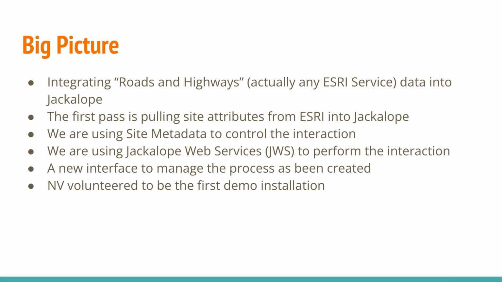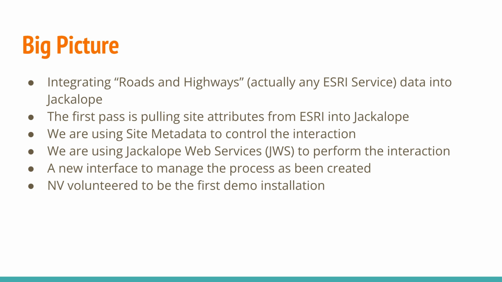You might want to edit most of your site attributes in Jackalope, but there might be some that you would rather get updated from roads and highways, which makes a lot of sense. Those attributes are then locked out on the Jackalope side. They're read from roads and highways, and you have an interface that allows you to manage the process and do what you need to do.